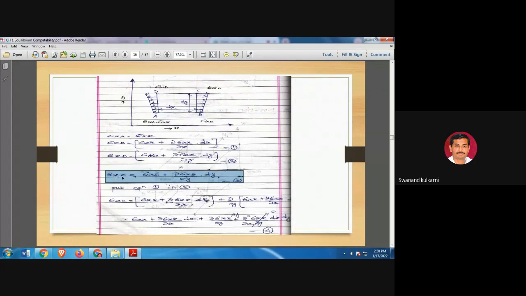The stress present at point C is nothing but the stress present at point B plus the differentiation of the stress present at point B with reference to y at a distance of dy.